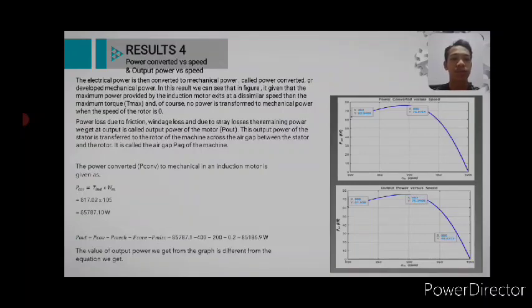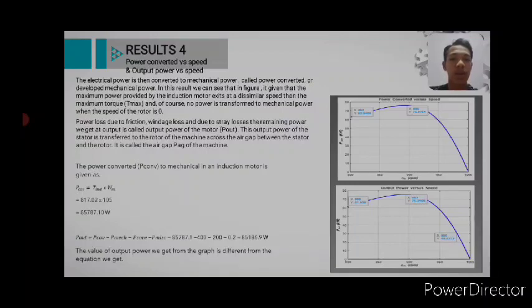The output power loses some due to friction, windage loss, and stray loss, and the remaining power we get at output is called the output power of the motor, or Pout. This power of the stator is transferred to the rotor of the machine across the air gap between the stator and the rotor. The mathematical equation of the power converted is shown as below.